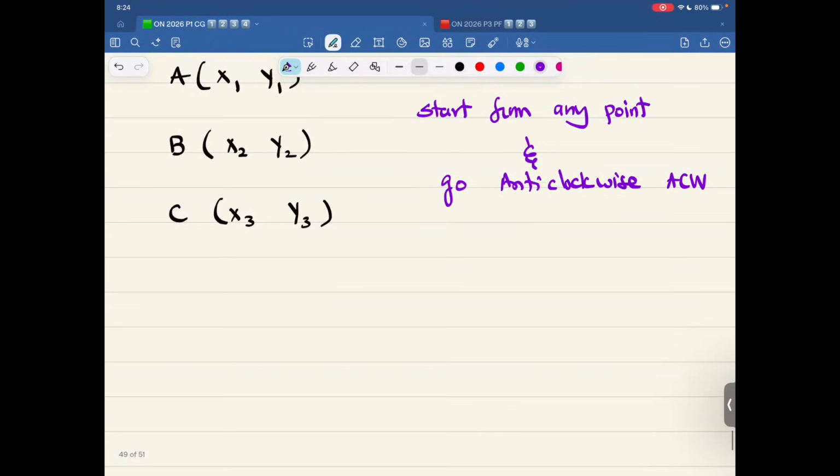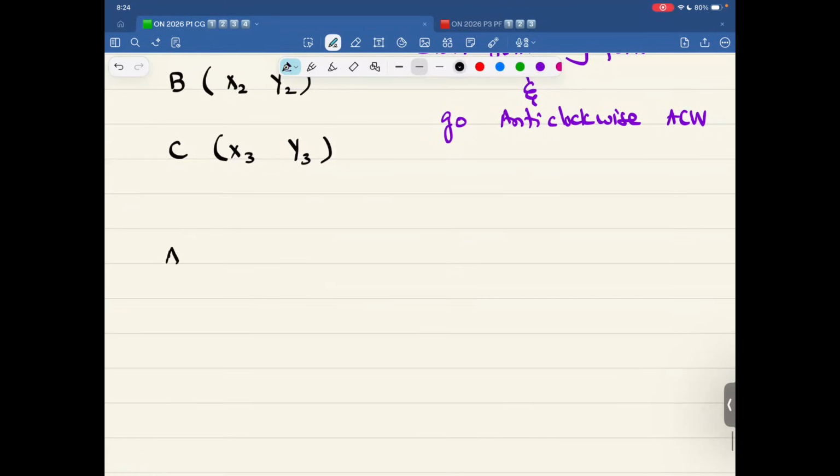So this is how the formula is written. The area of triangle, that is half. Let me write over here, half. We can start with any point.